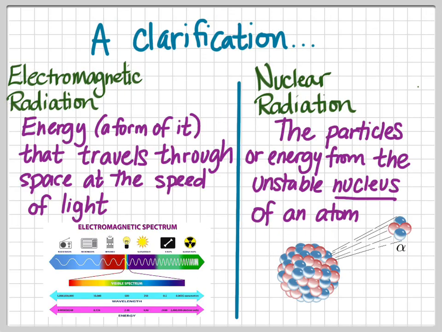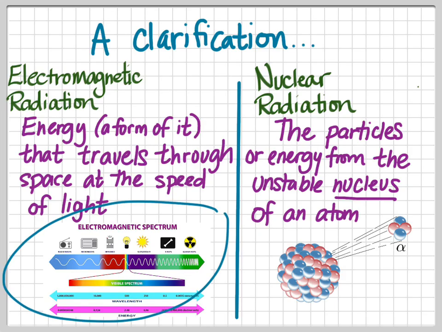So what's the difference? Electromagnetic radiation is energy, a form of energy, that travels through space at the speed of light. You may have seen a chart that shows the electromagnetic spectrum, everything from radio and TV waves to visible light, the light that allows you and I to see, to forms of radiation more dangerous, like X-rays and other things. That's electromagnetic radiation.